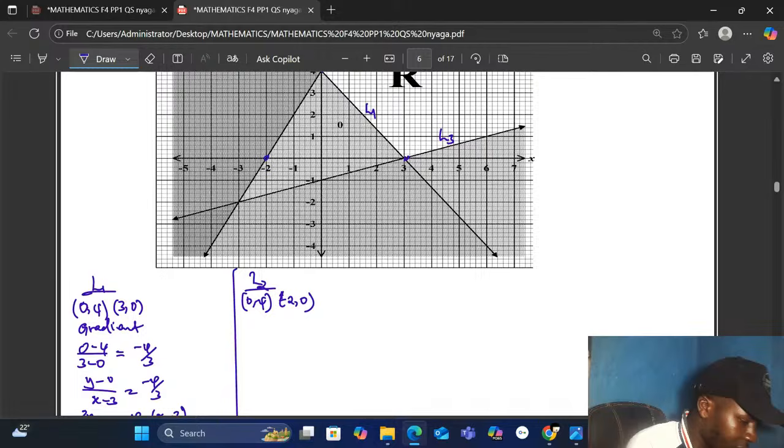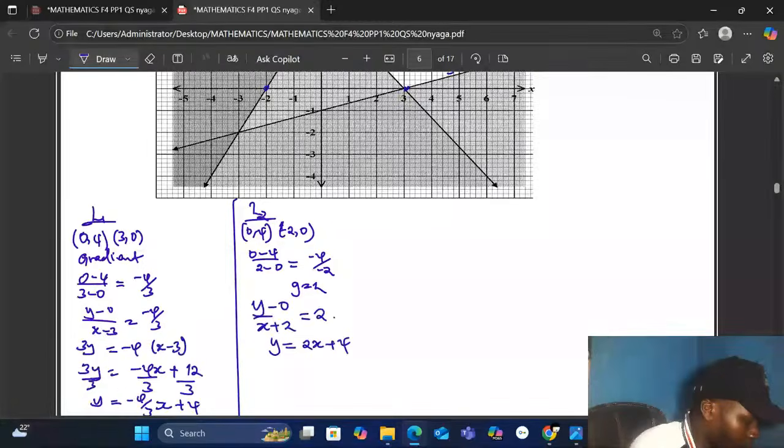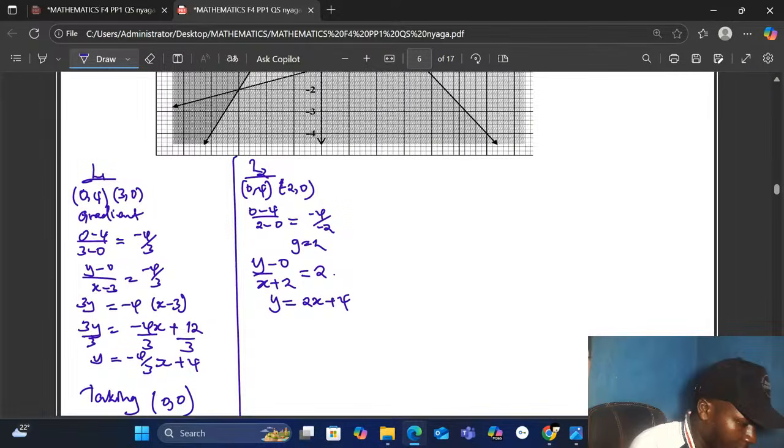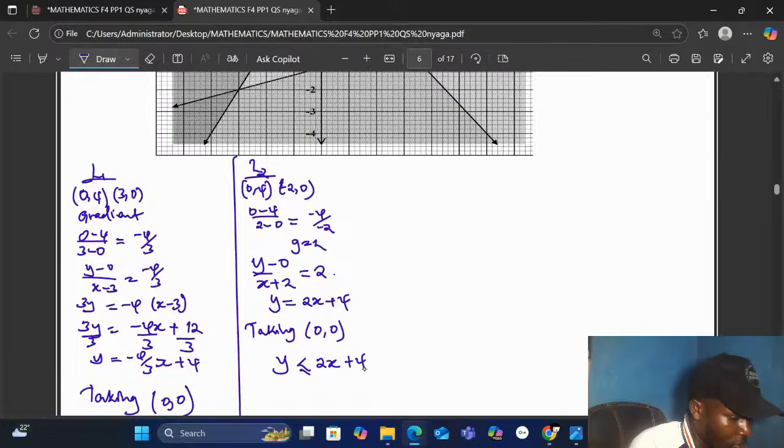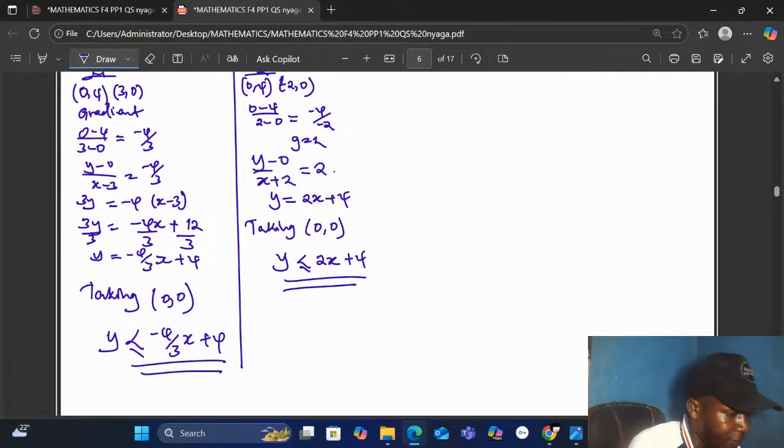So we look for the gradient, which is equal to 2. And then we look for the equation. Taking the points, and using 0, 0, we shall have y is equal to 2x plus 4. This is now the equation for line L2.